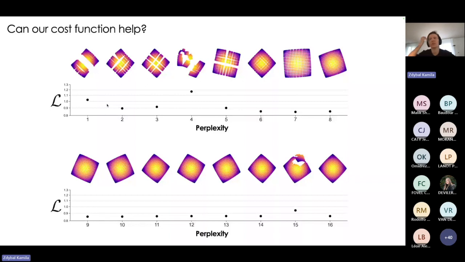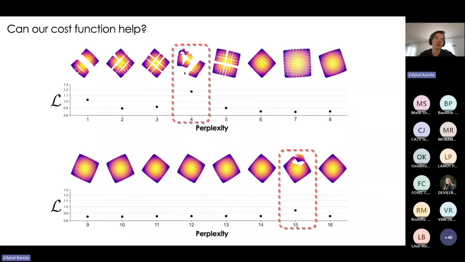And you can see that, for example, the highest cost happened over here, when this embedding is really fragmented into different regions. And then you can see that once I increase the perplexity beyond something like 5, so I go to 6, 7, and so on, the cost is pretty much the same.